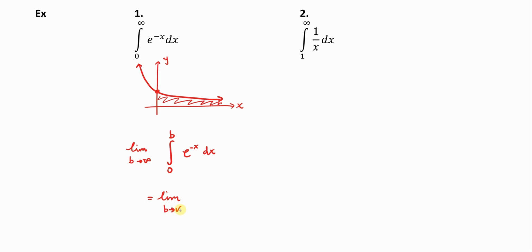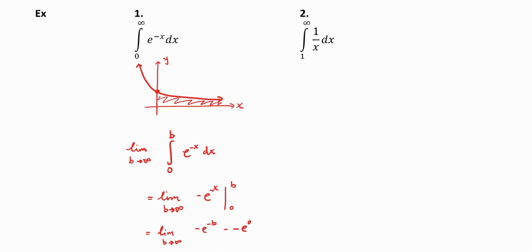The antiderivative of e to the negative x is negative e to the negative x. We're evaluating this between 0 and b, which is equal to the limit as b approaches infinity of negative e to the negative b, minus negative e to the 0.